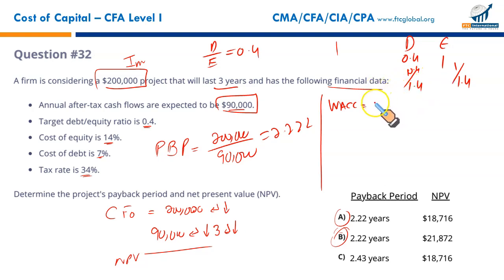So your debt proportion is 0.4 upon 1.4 and the cost of debt has been given as 7%. You need to convert it into after tax basis, that is 1 minus 34%. Plus equity is 1 out of 1.4 and cost of equity is simply 14%.